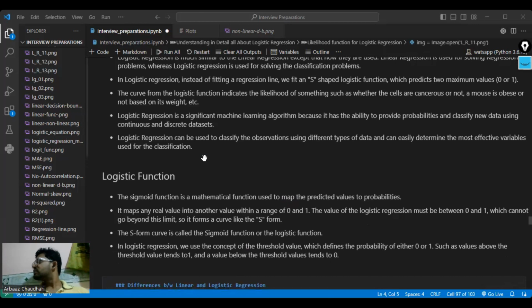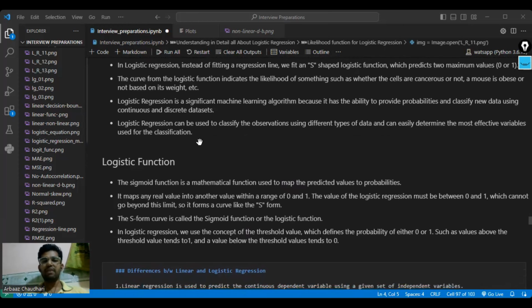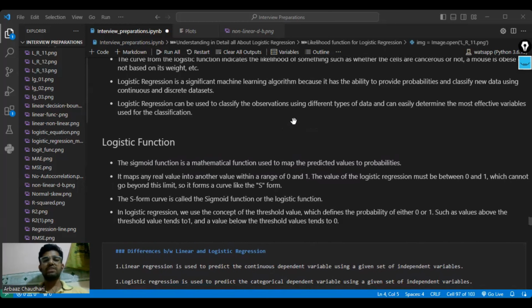Logistic regression is a significant machine learning algorithm because of its ability to provide probabilities and classify new data using continuous and discrete data sets. Yeah, that we have seen. Logistic regression can be used to classify observations using different types of data and can easily determine the most effective variable used for the classification.